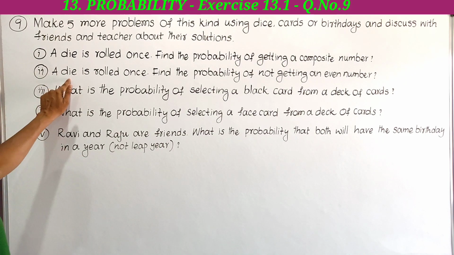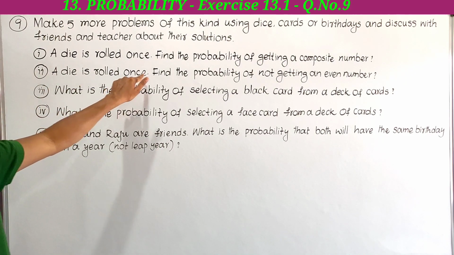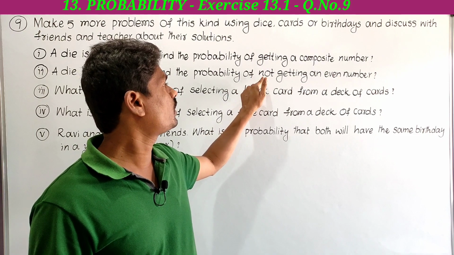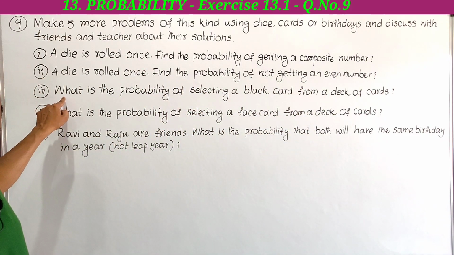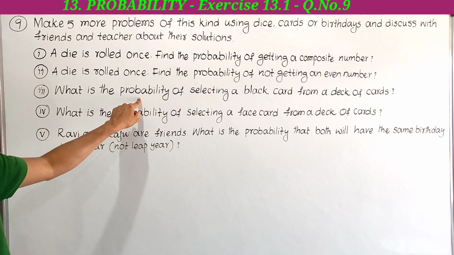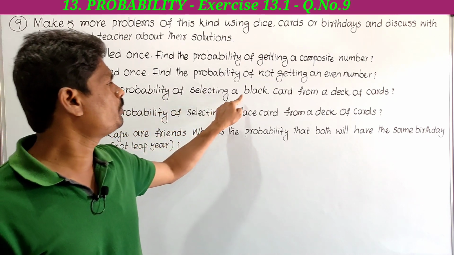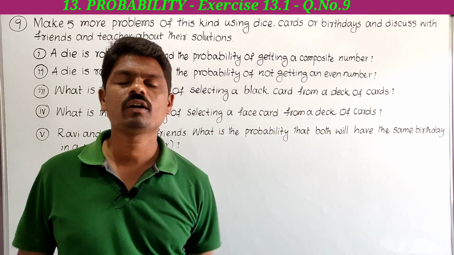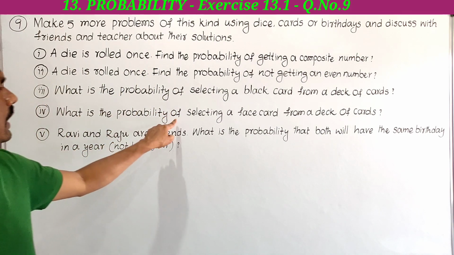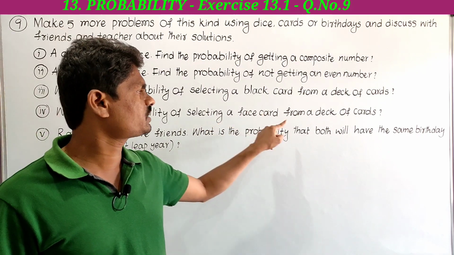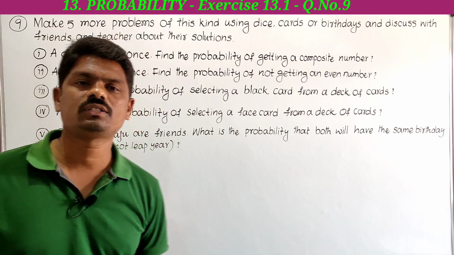Second one, a die is rolled once, find the probability of not getting an even number. So next, third one, what is the probability of selecting a black card from a deck of cards? Fourth one, what is the probability of selecting a face card from a deck of cards?